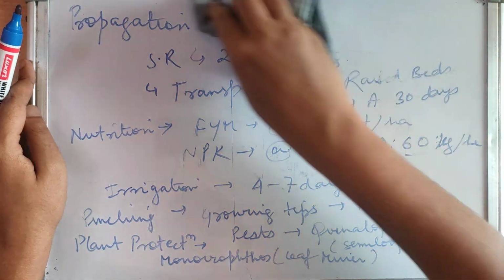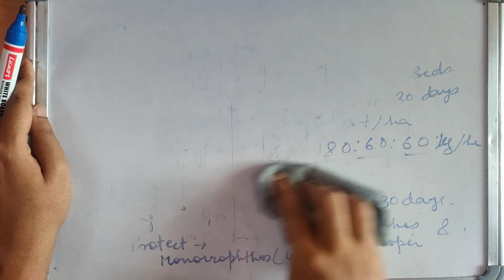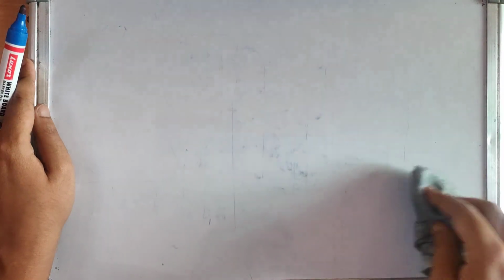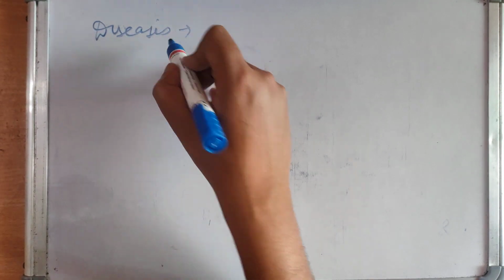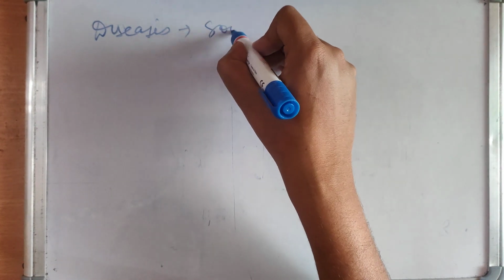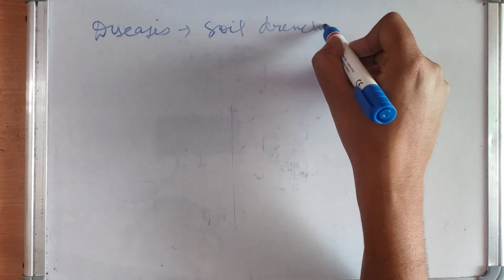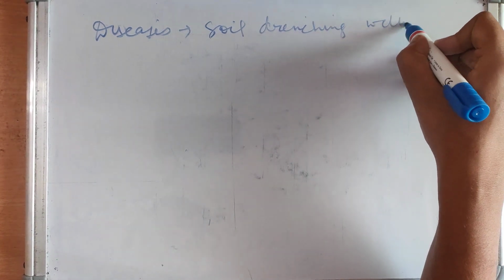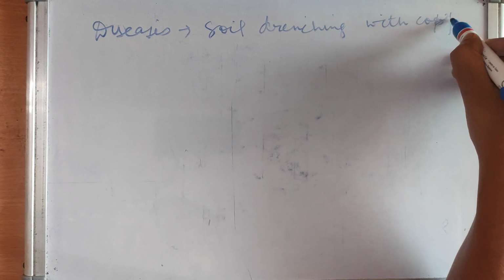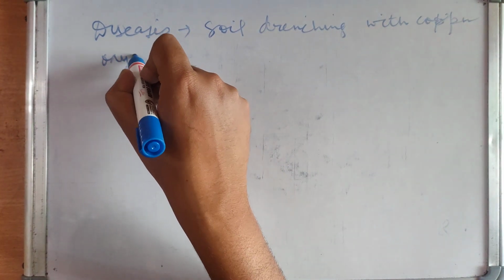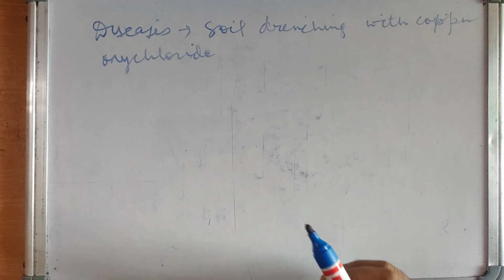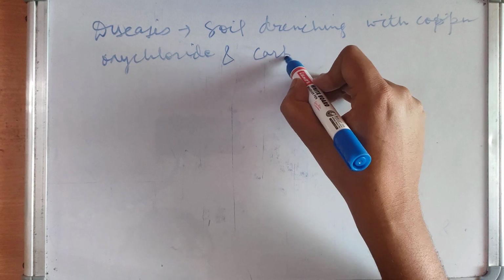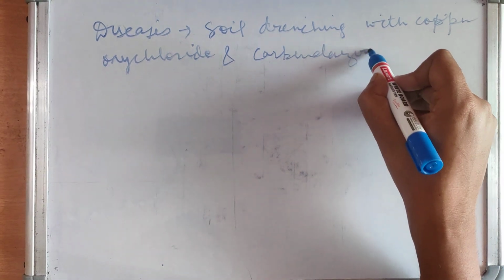For disease, soil drenching with copper oxychloride and carbendazim.